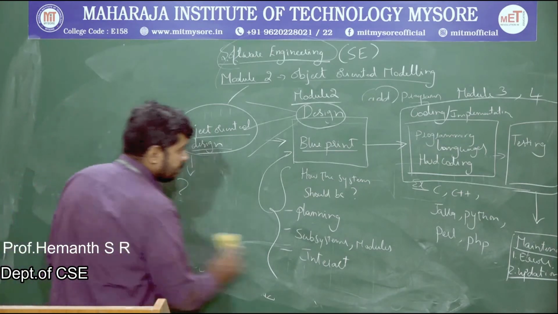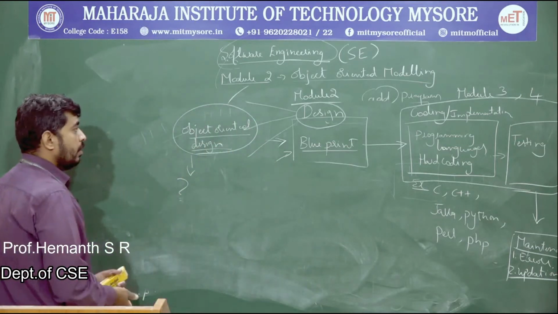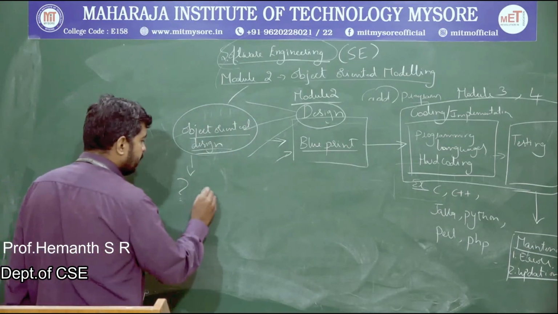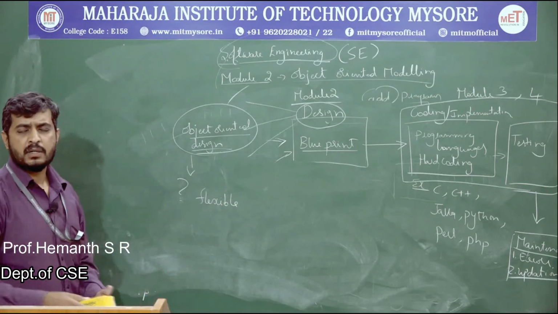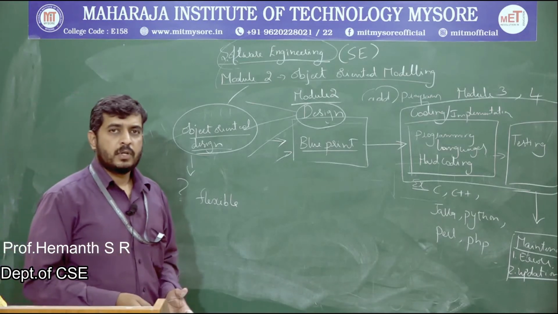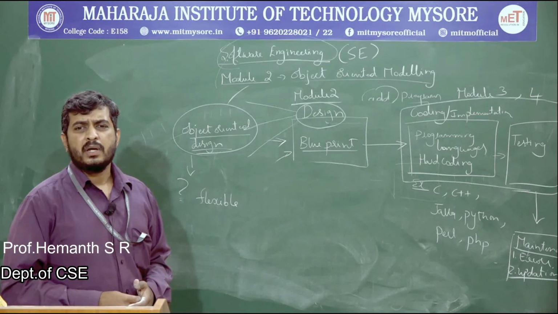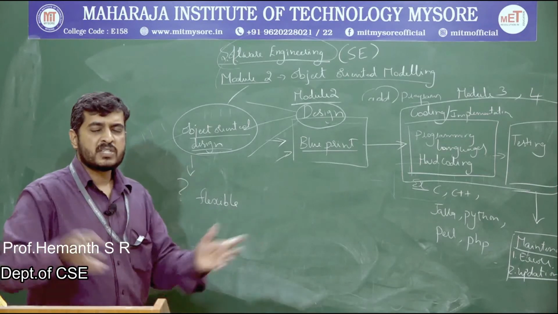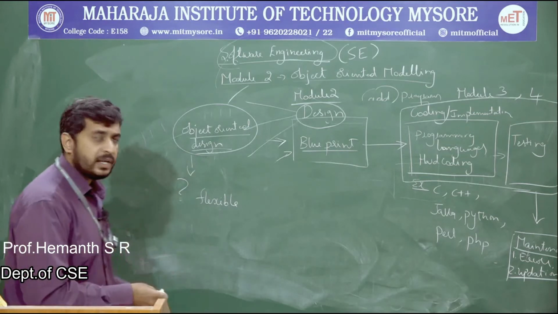One of the reasons is object oriented design is flexible. What do you mean by flexibility? You can stretch it, you can compress it to any extent you want. You can expand the system. You can make changes to different parts of the system in a more convenient way. That is flexibility here.